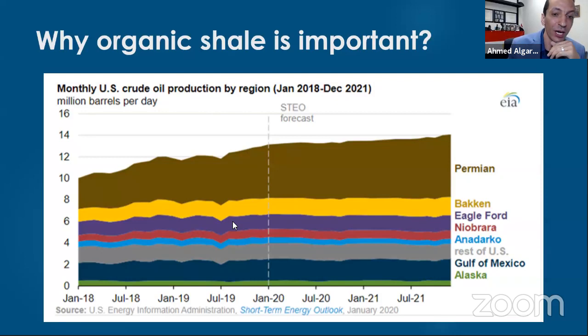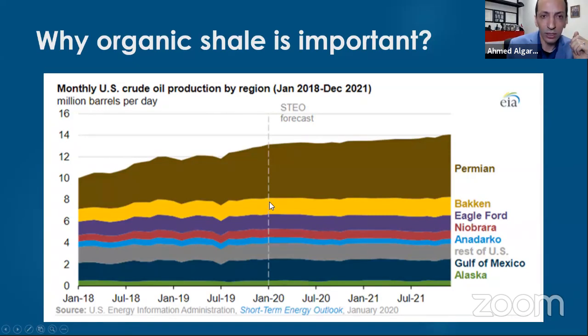Okay, so why don't we develop organic shale in the Middle East, in Lebanon or in Egypt or in Saudi Arabia, for example? So as you see here, the Permian Basin, this is in West Texas and east of New Mexico. Bakken, this is in North Dakota, and Eagle Ford, south of Texas, all of them are just shale formations.